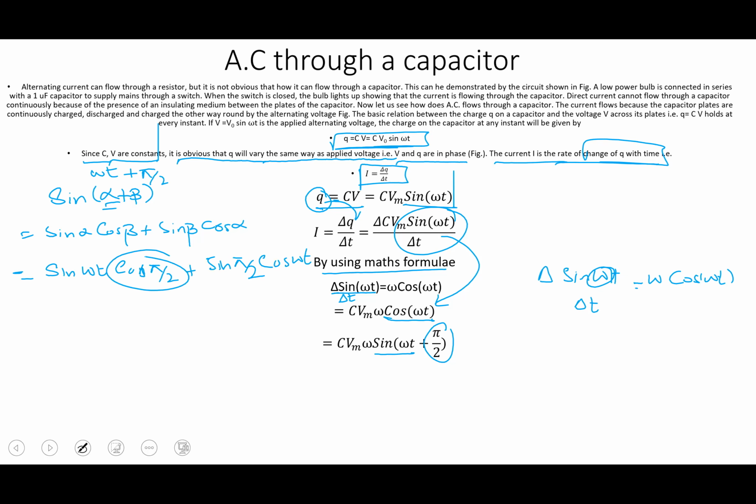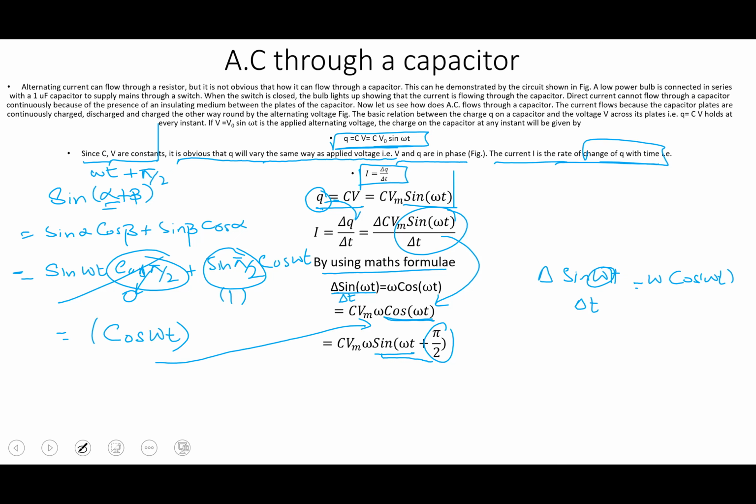As we know, cos 90 is equal to 0, so this whole thing will be equal to 0. Sine 90 is equal to 1. So our answer will be cos omega t. That is why we replace cos omega t with sine omega t plus pi by 2.